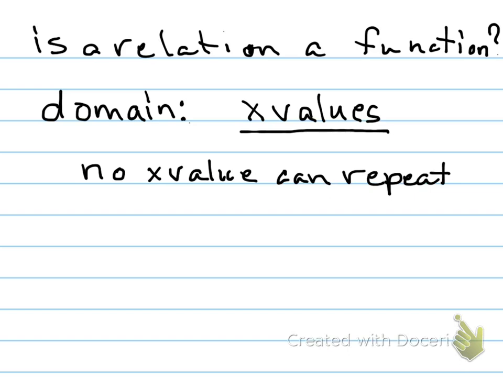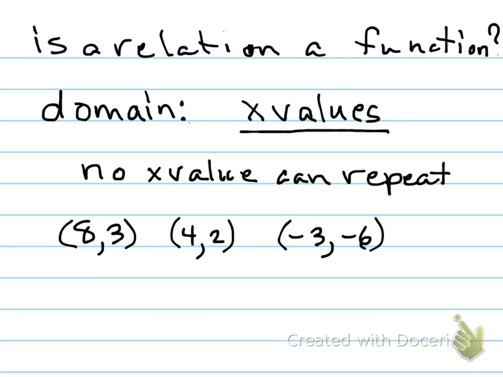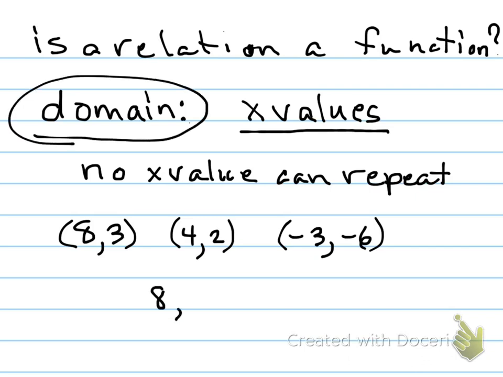All right? So let's say we have the ordered pairs (8, 3), (4, 2), and (-3, -6). I'm just making these up, by the way. If you look at your x values, or the domain, from 8 you get a 3, from 4 you get a 2, and from -3 you get a -6.